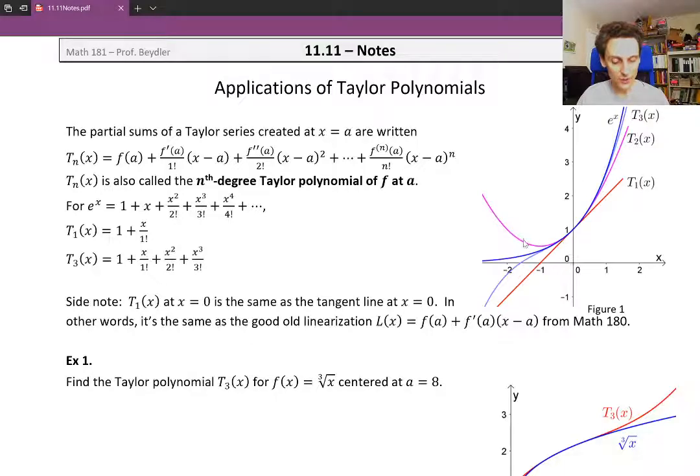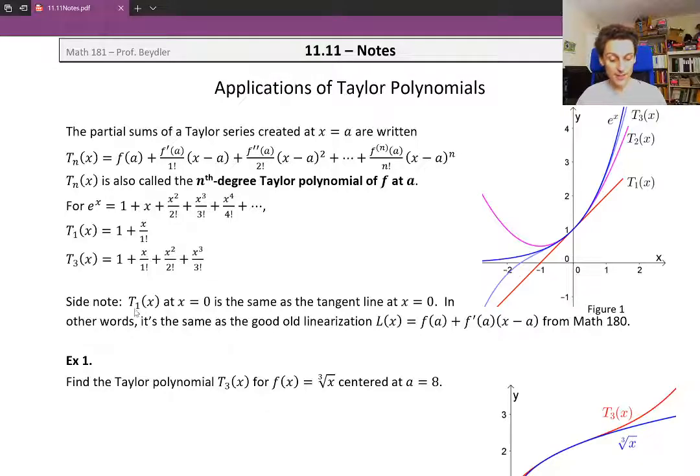And then the even ones will go up to positive infinity as x goes to negative infinity. So it's going to kind of fishtail, but it's going to get closer and closer to e to the x even in that direction as well. You can see T sub 3, the third degree Taylor polynomial, is really matching closely until you get to about negative 1, and then it starts veering off. But T4 would be even better.